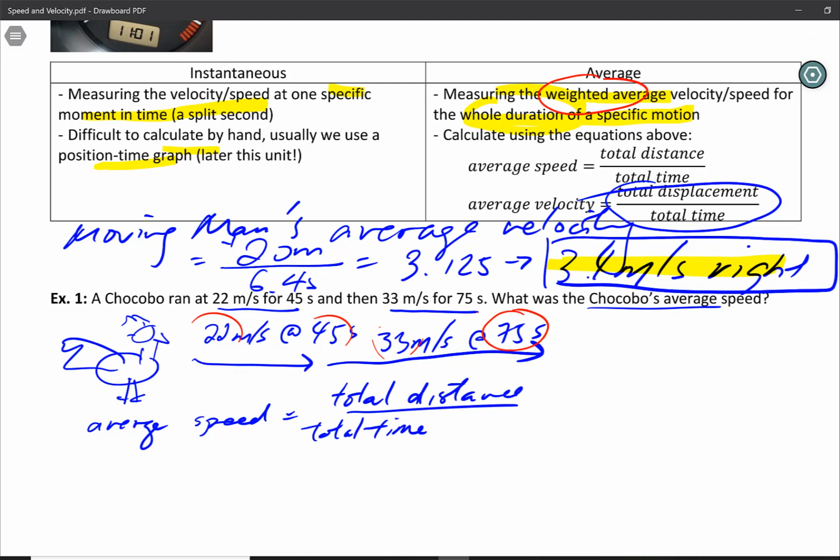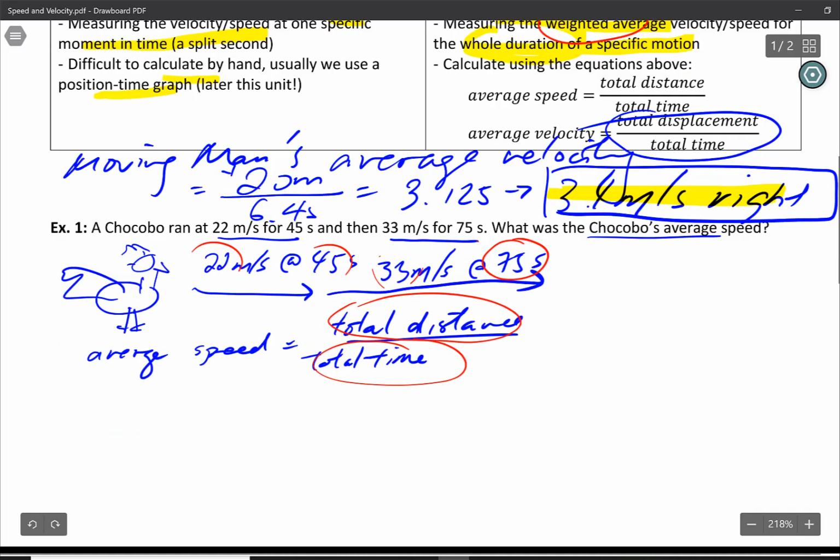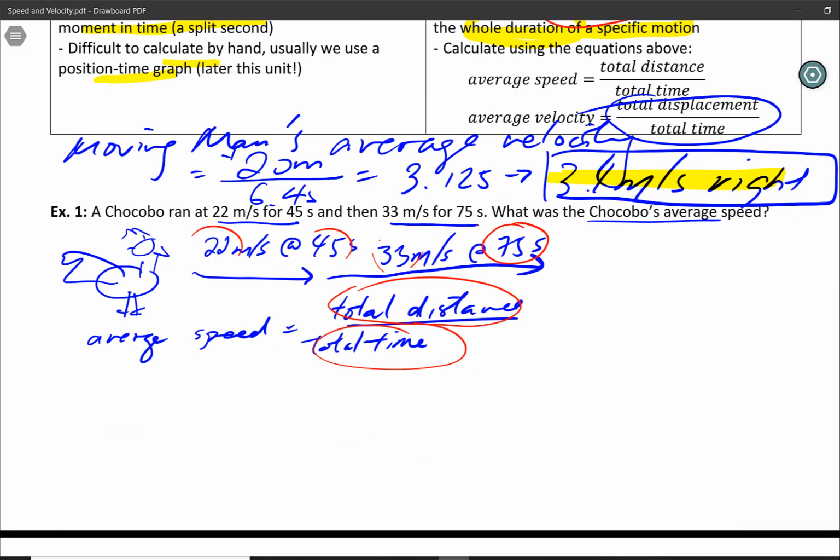If we try to take the plain average, it doesn't work that way because the time weighting is different. It's like how your quizzes are weighted much less than your tests. So you can't just take the average of the two numbers. It's much easier to do total distance over total time. So that's something to be careful of.